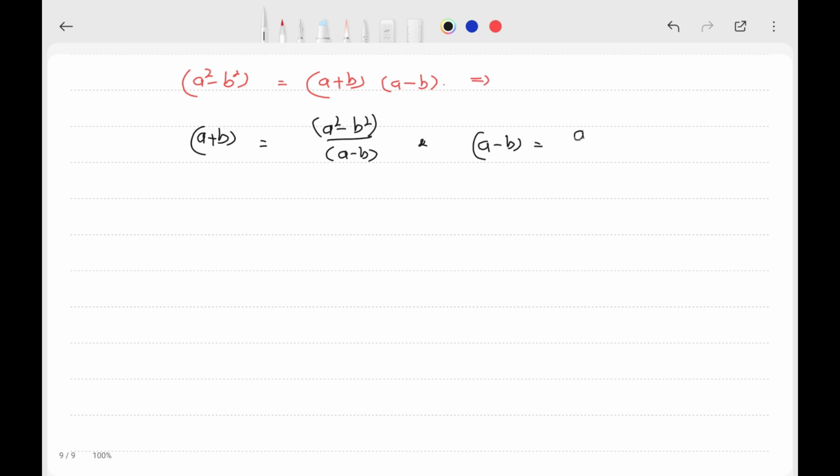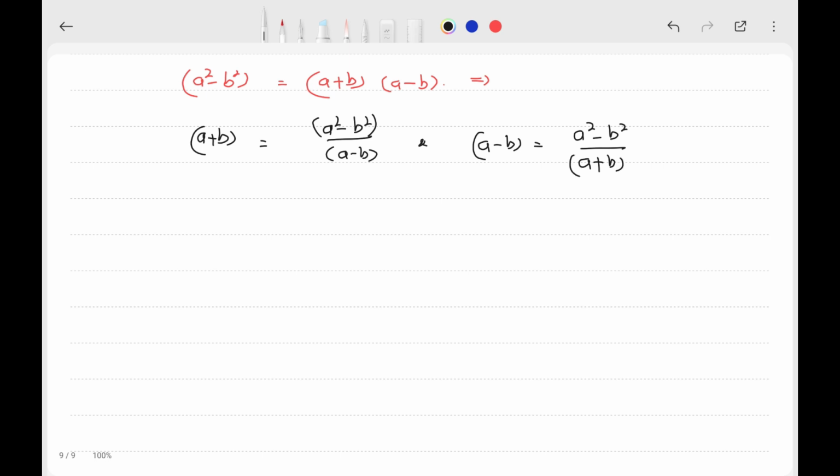Please try to remember a square minus b square is equal to a plus b into a minus b. This implies a plus b is equal to a square minus b square by a minus b by cross multiplication, and also a minus b is equal to a square minus b square by a plus b.